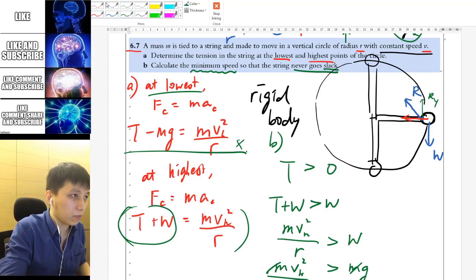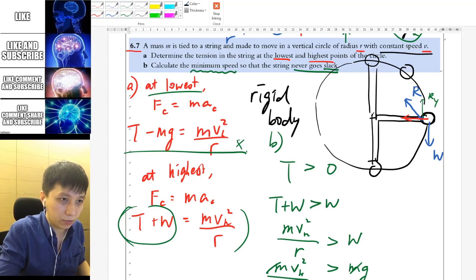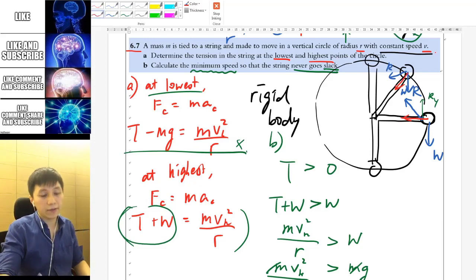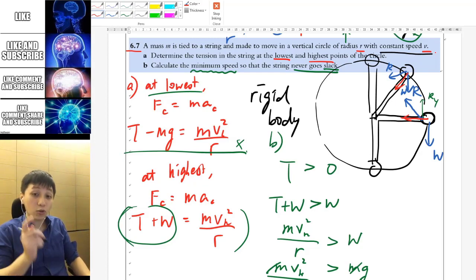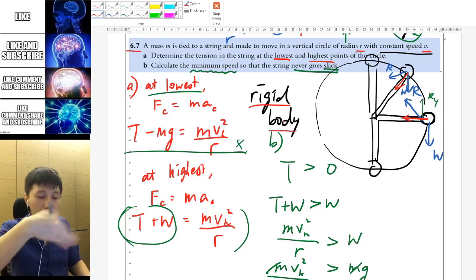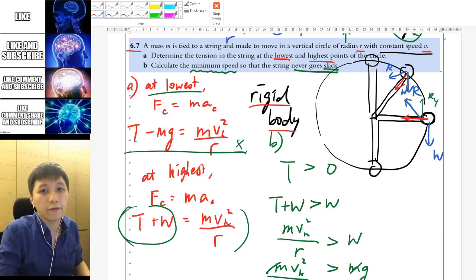That is the same when you are at this position, with the weight W going down, and then the reaction force could be going in, say, this direction, and so the net force would still be going towards the center. This is something that could happen only with a rigid body, because the force doesn't have to go in the same direction as the stick itself.